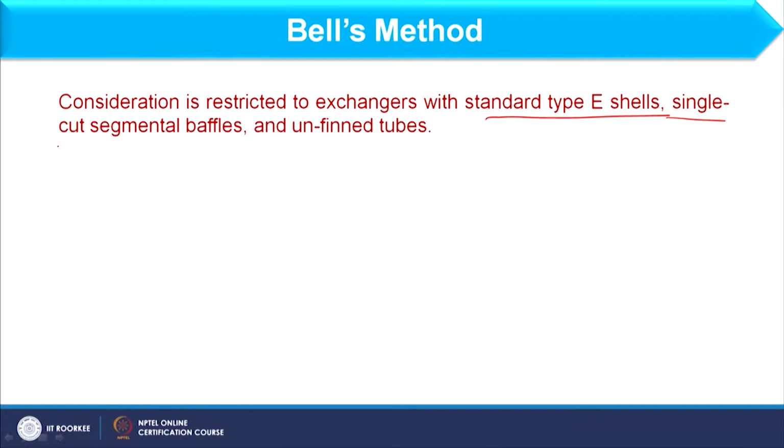So, here we are considering E shell, single segmental baffle where only one cut is available at the bottom, and unfinned tubes, which means tubes are bare, not having any fin. For all these conditions we can consider Bell's method, and you can also consider these as limitations of Bell's method.